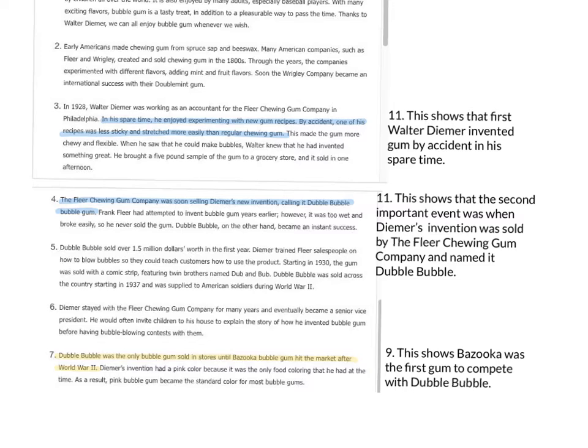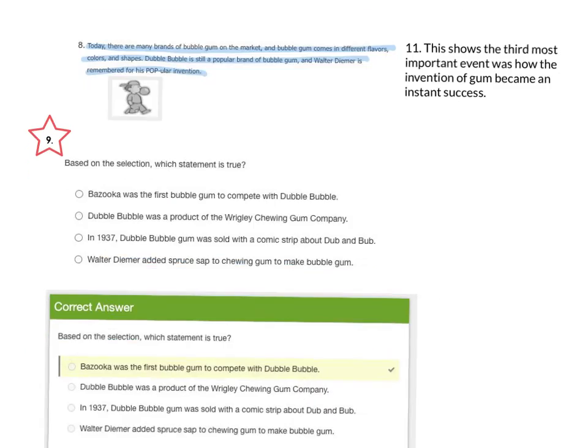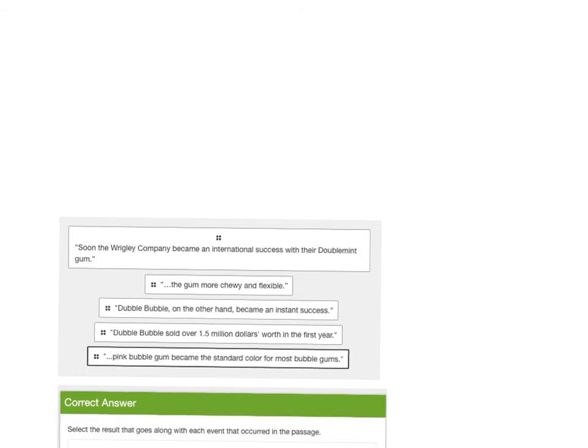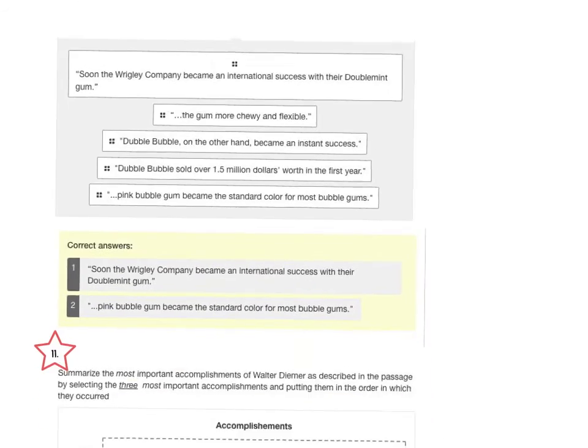Now I need to go and see what my second most important event is. I'm noticing the second most important event says the Fleer Chewing Gum Company sold Deemer's invention, calling it Double Bubble Bubblegum.